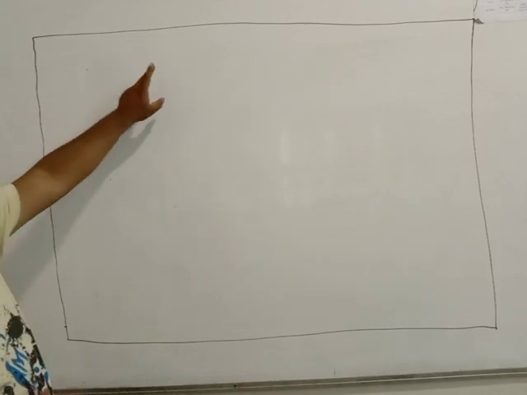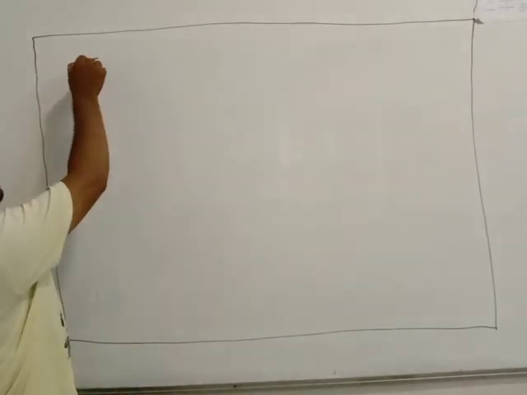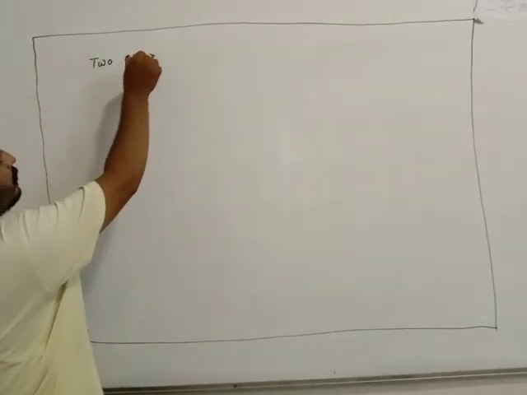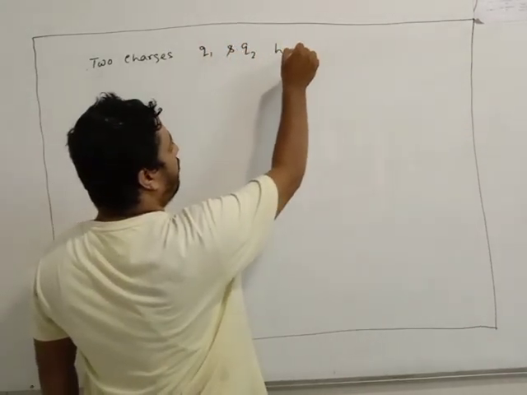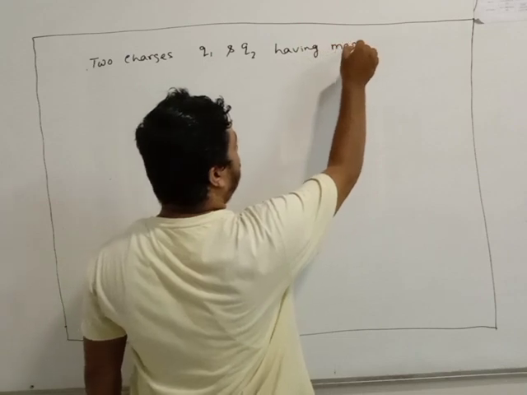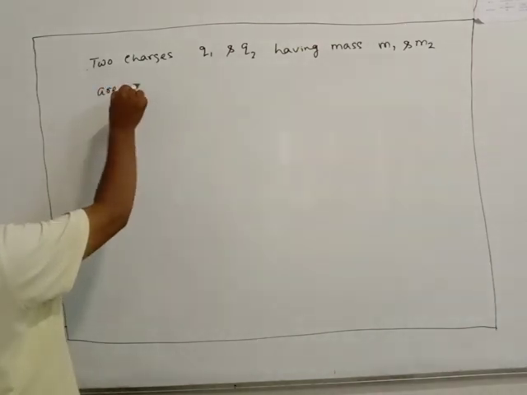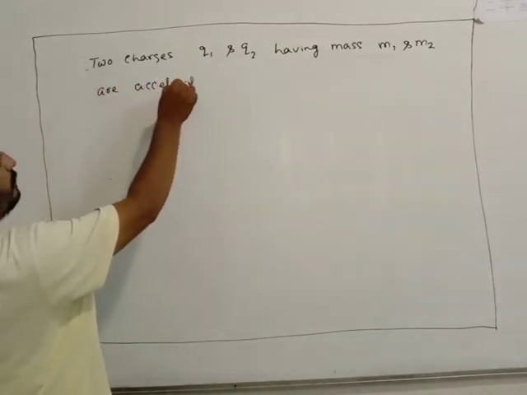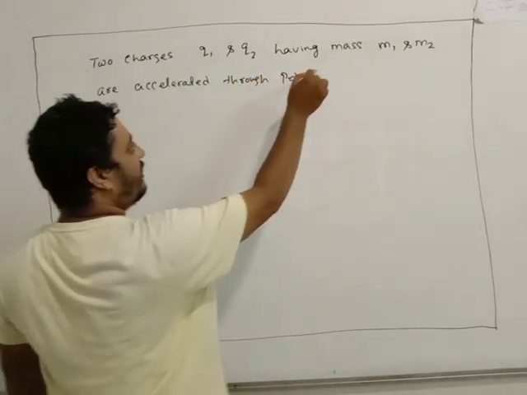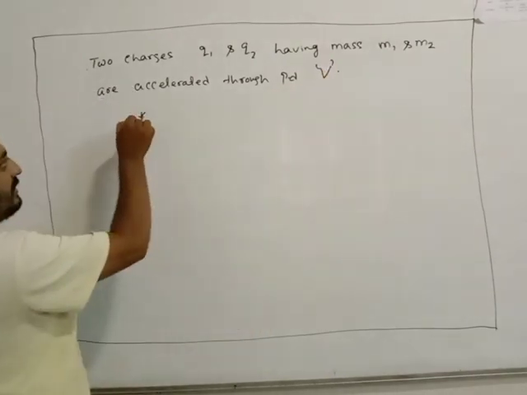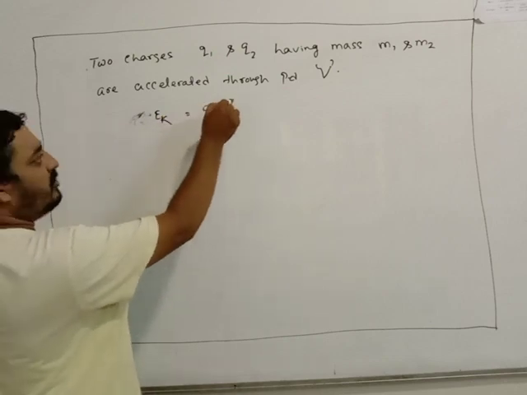Let two charges Q1 and Q2, having masses m1 and m2, be accelerated through a potential difference of V. Then the kinetic energy is QV.